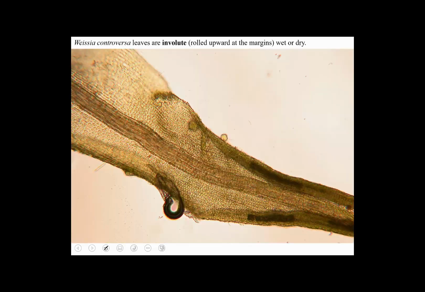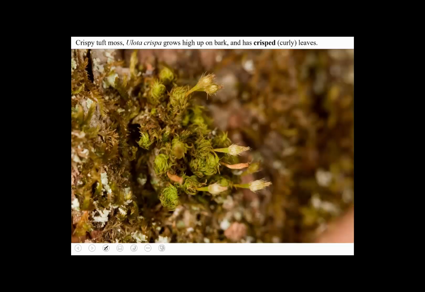One of the features about Weissia is the leaves are curled up. Some moss leaves are curled down. Some moss leaves are curled up when they're dry, but Weissia leaves are curled up when wet or dry. And that's something you can recognize in the field, to recognize the genus.